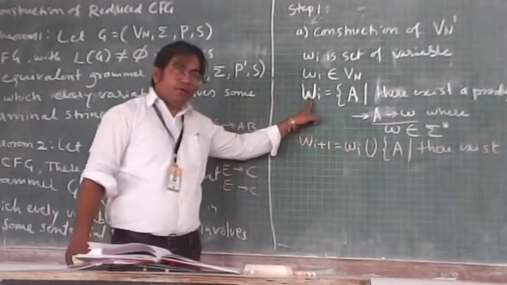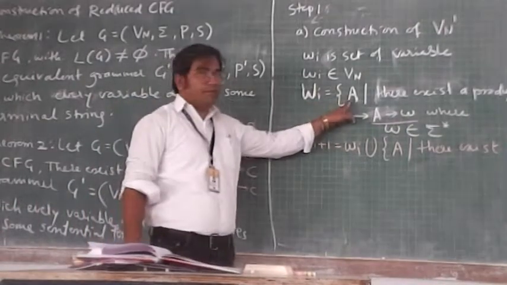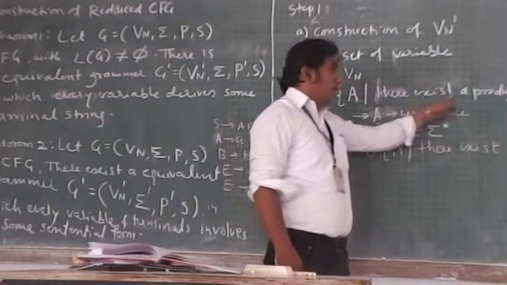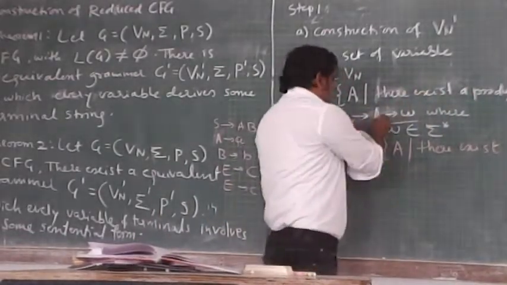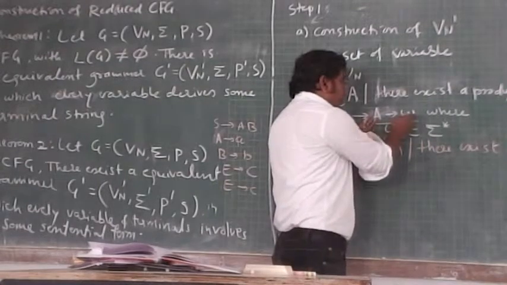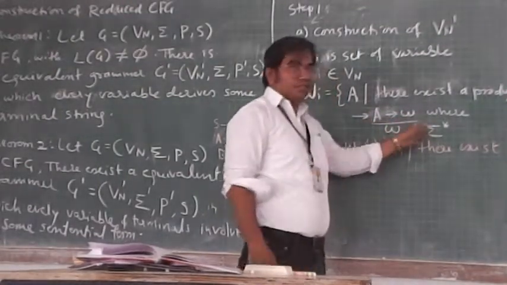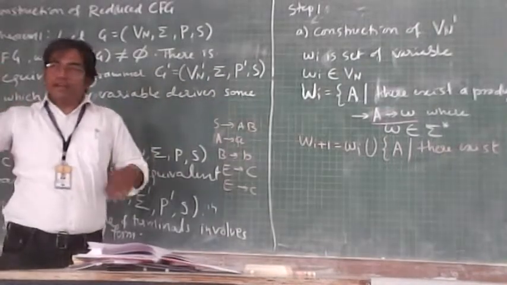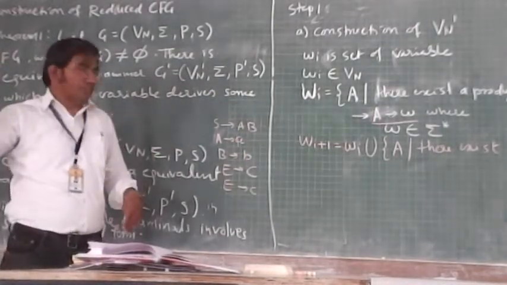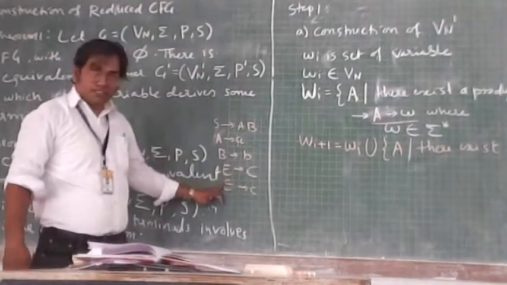As per this Wi, I collected such variables for which the production is A implies W, and this W belongs to sigma star, meaning the set of productions having terminals at the right hand side. So here A, B, E are such variables.